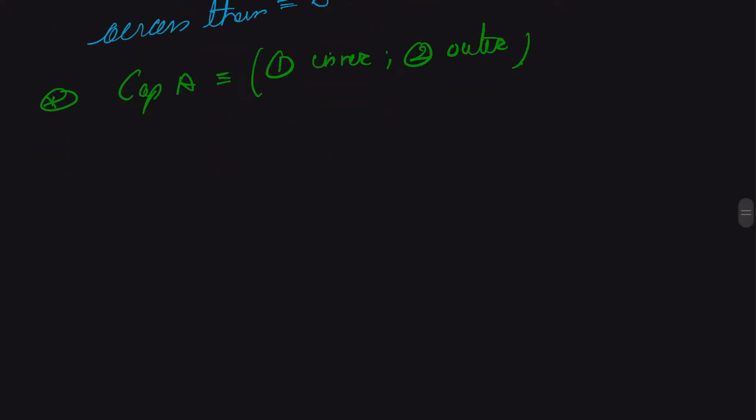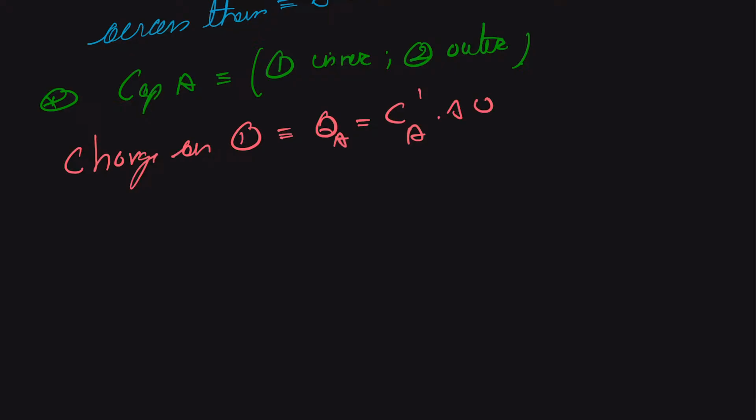Therefore, we can write the charge on shell 1, let us suppose that is QA, and this QA will be equal to the capacitance times the potential difference.